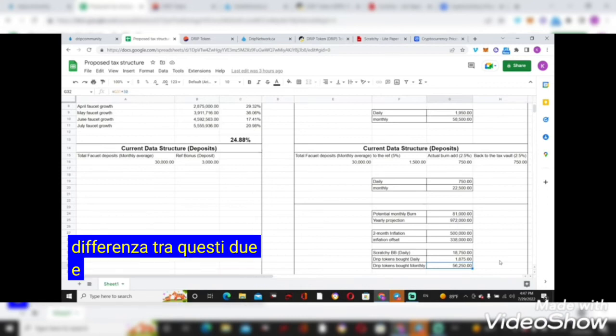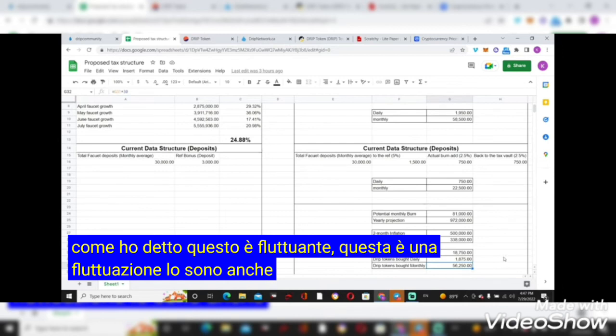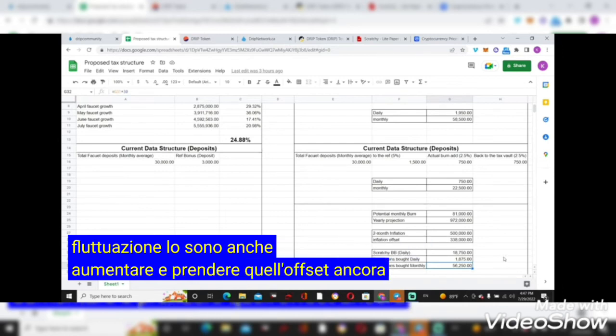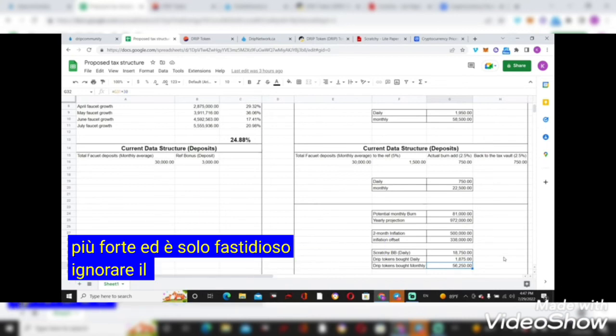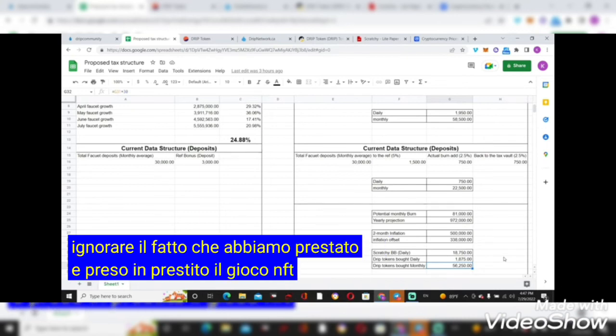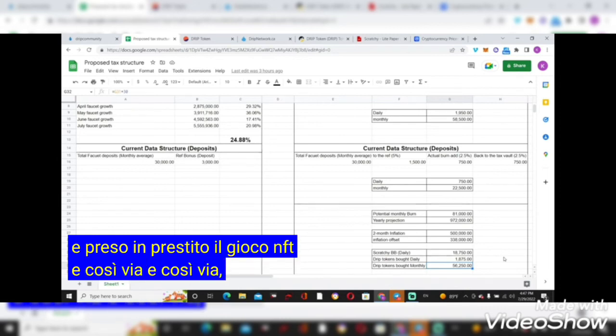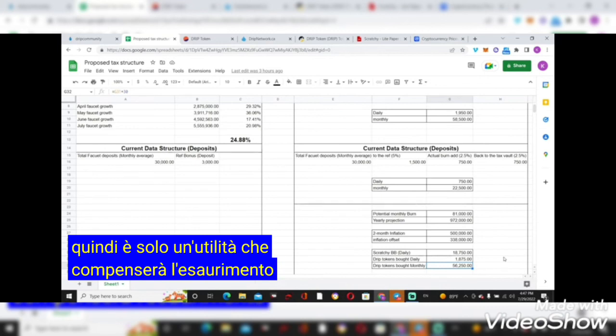And like I said, this is a fluctuating amount, so it could also increase and take that offset even further. And that's just Scratchy. Disregard the fact that we have lending and borrowing, the NFT game, and so on and so forth. So that's just one utility that will offset the depletion.